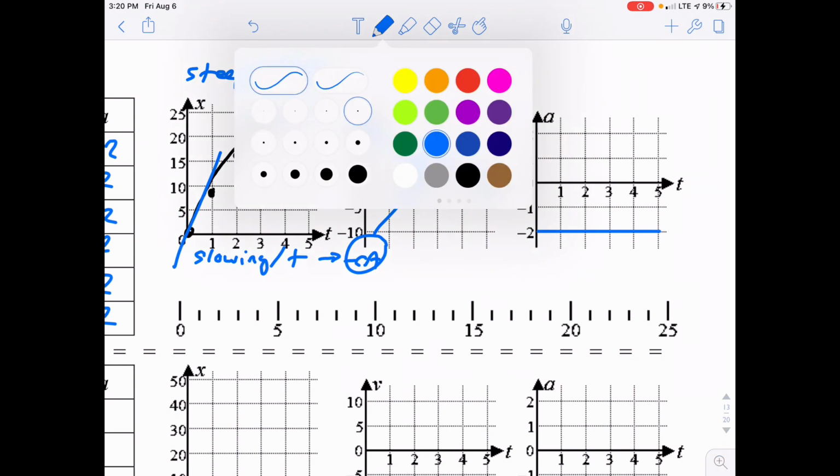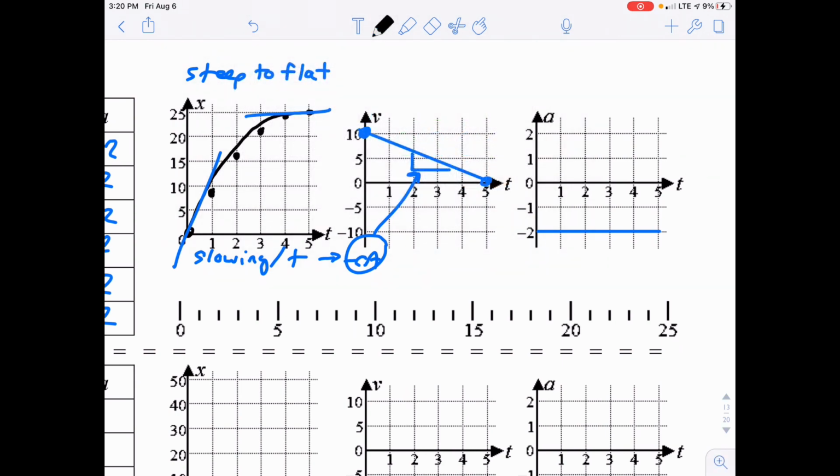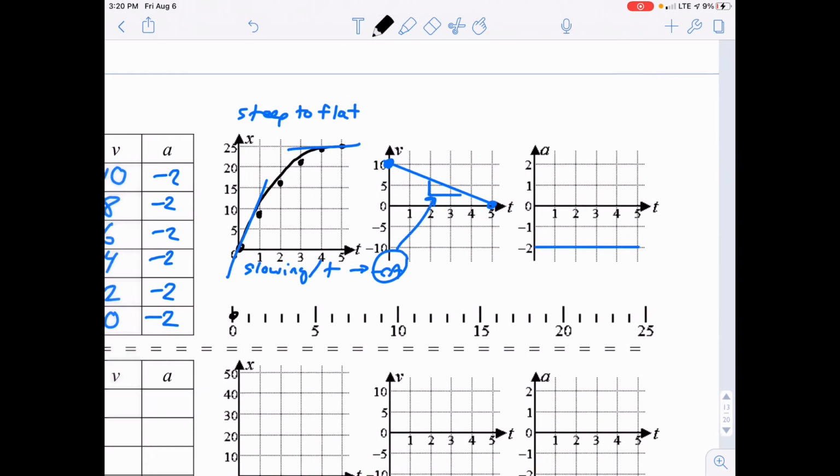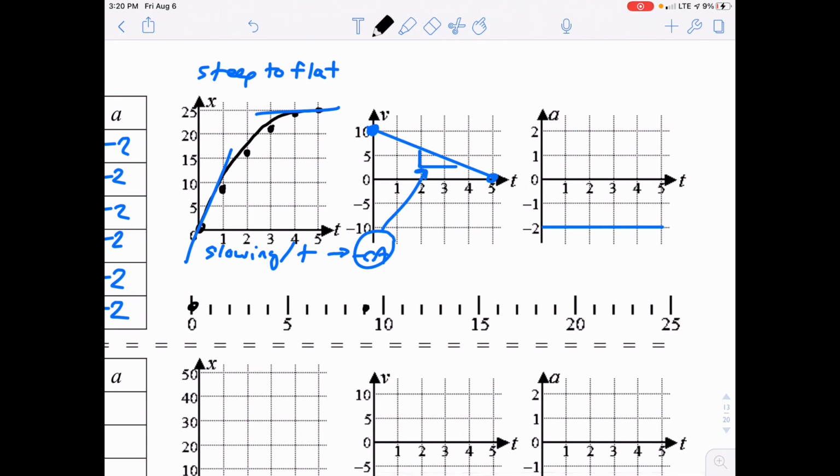Okay, now plot your positions. We're at 0, 9, 16, 21, 24, and 25. And so our velocity vector will look like this. It's going to get shorter and shorter. Because again, what are we doing? We're slowing down, right? So your velocity vector is getting shorter.